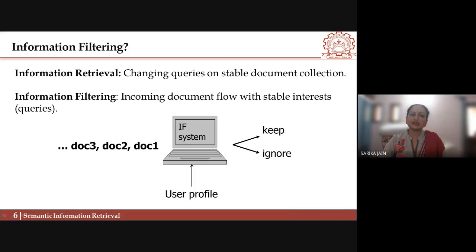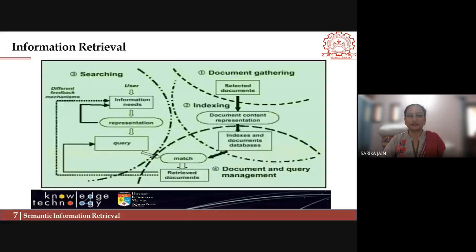The query means the user profile. So there is an incoming document flow with stable interest, with the stable user profile, with the stable queries. Say I am querying, I want to filter certain documents. Some will be kept and some will be ignored. That is the major concept of information filtering as different from information retrieval.